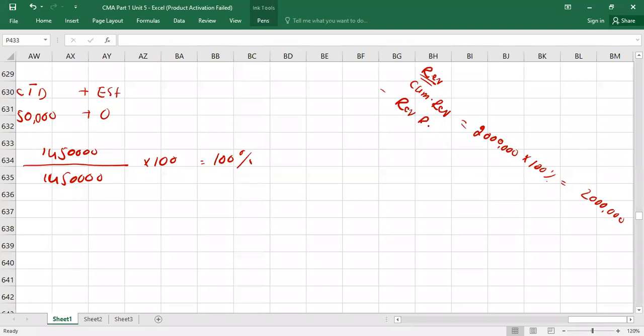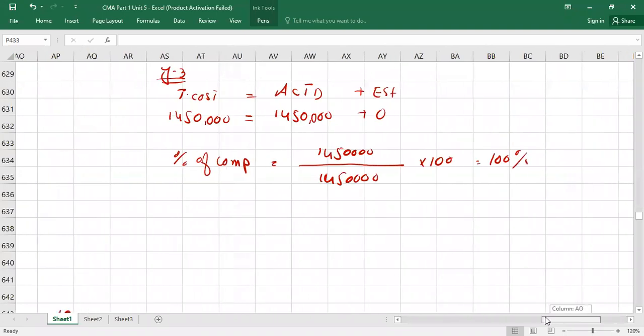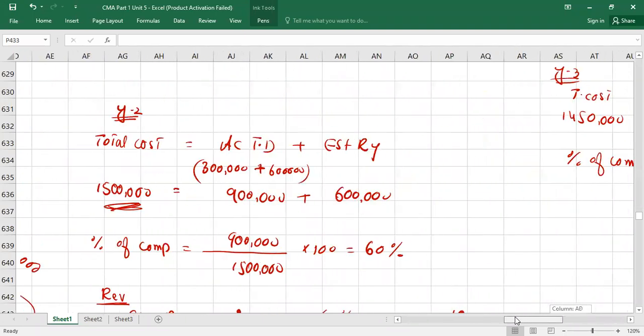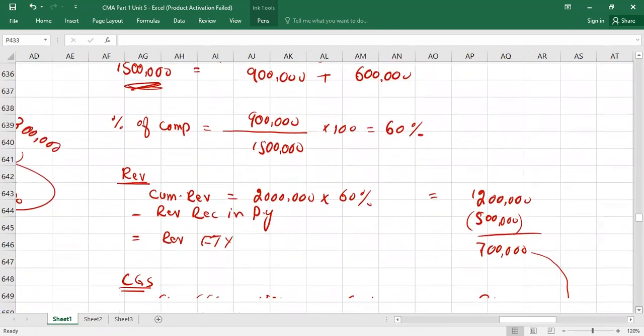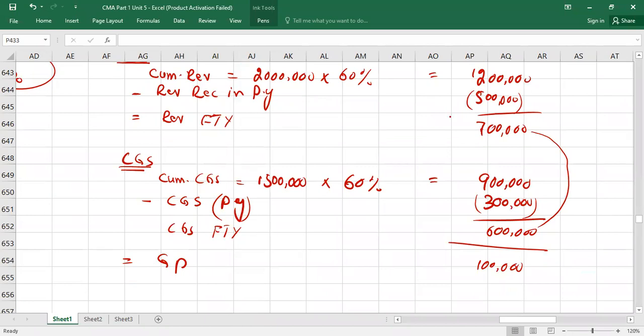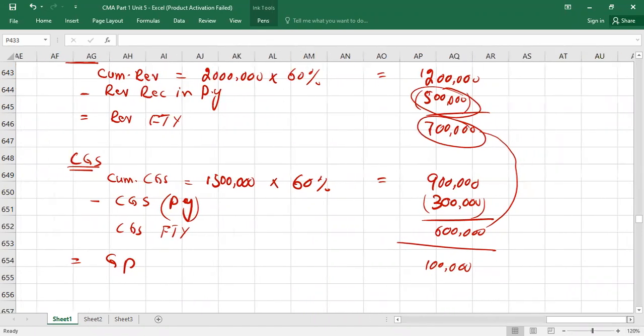From there you will deduct revenue recognized in previous year. I'm not sure if you remember the value, even I don't remember. Let's see. In first year you recognized how much? 500. In second year you recognized how much? 700. Total recognized is 1.2 million.